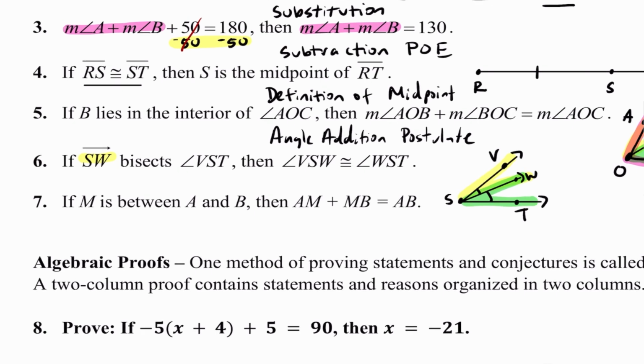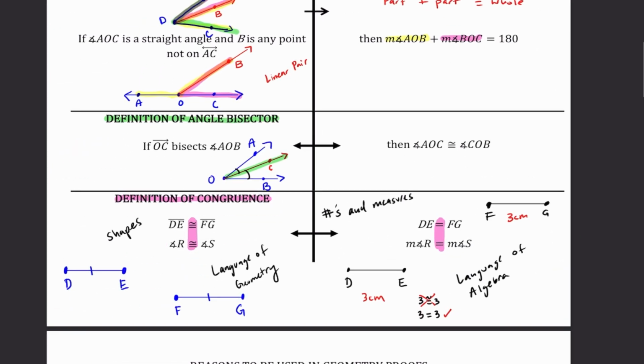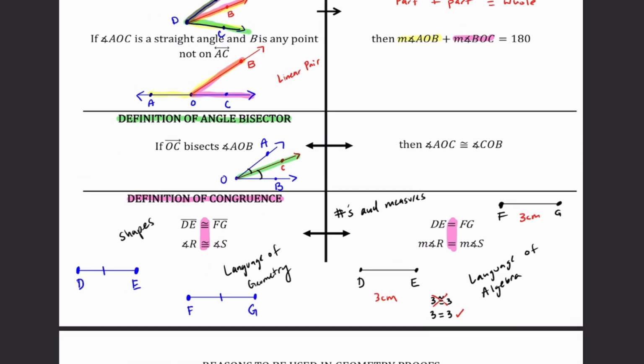So let's take a look at our pink sheets. We're dealing with angles, and we see the keyword bisect. If ray OC bisects angle AOB, then angle AOC is congruent to angle COB by the definition of angle bisector.